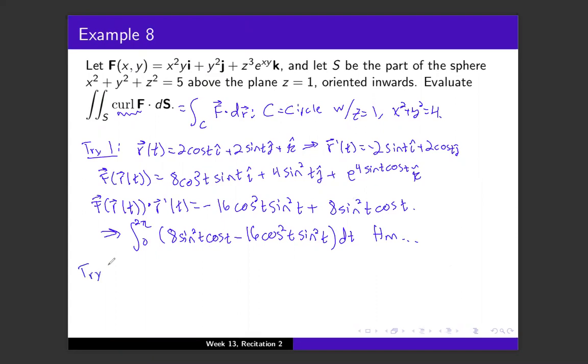Let's try something else. Because there's another thing we can use in this case. What if we instead use a different surface? And that surface is going to be the plane z equals 1, with x squared plus y squared less than or equal to 4.